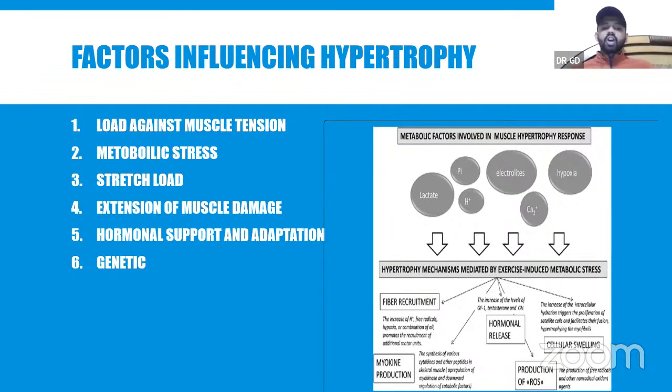The next one is the hormonal support and adaptation. If you do strength training and you're getting muscle mass, not only are you getting the muscle mass, it improves your hormonal profile. Especially we have the anabolic hormones. One is testosterone, you have the insulin growth factors, and you have other non-steroidal hormonal support to grow the muscles. And adaptation.